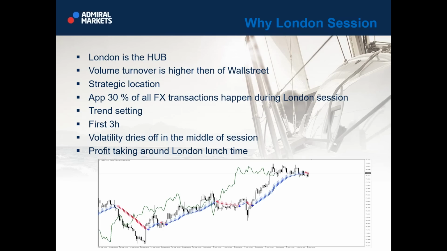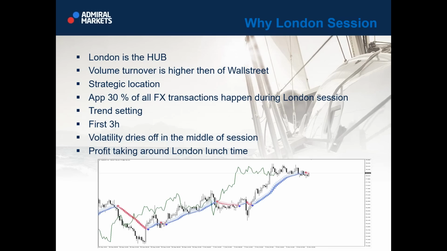Whether you're living in Australia or USA, that time is somehow adaptable for trading. We are using GMT +2, now it's GMT +1 for London. Our platform is GMT +3. So it's really strategic, not just location, but also good time-wise. And remember that almost 30% of all forex transactions happen during the London session. Remember, London is the hub of trading.